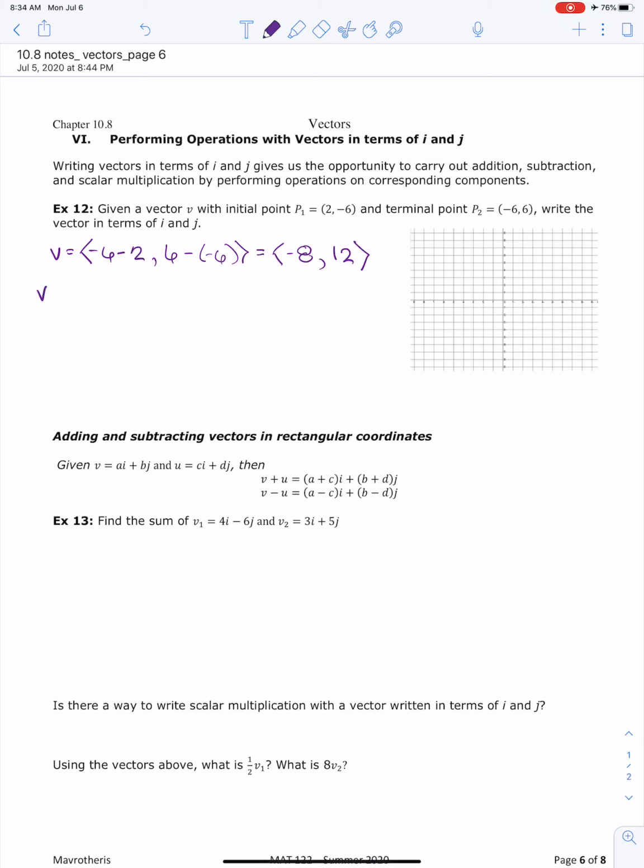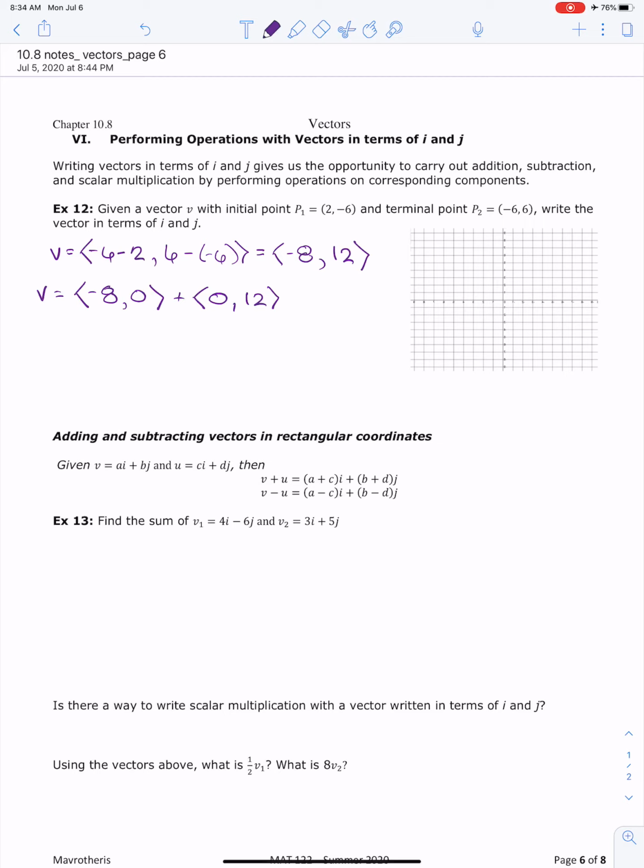So just a reminder, this vector v could be written as -8, 0 plus 0, 12. Right? If I added those together, I add my x components, I get -8 plus 0, which is -8. I get 0 plus 12, which is 12.